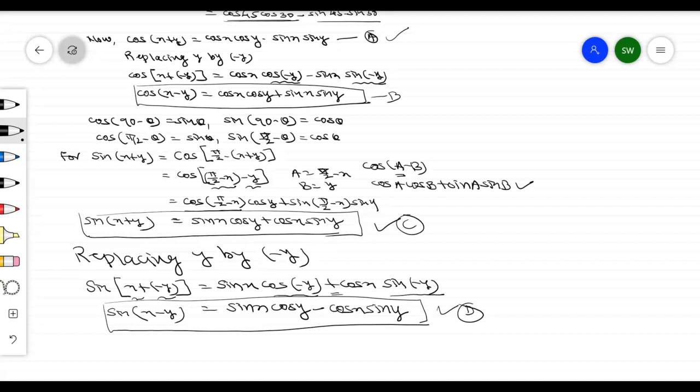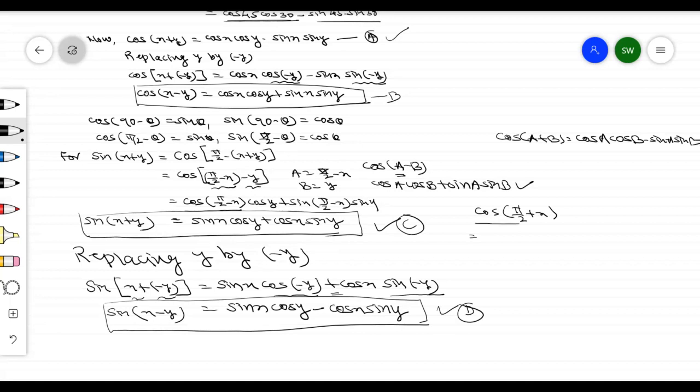Okay, we can find what is cos(pi by 2 plus x). Now we know that cos(a plus b) equals cos a into cos b minus sin a into sin b.